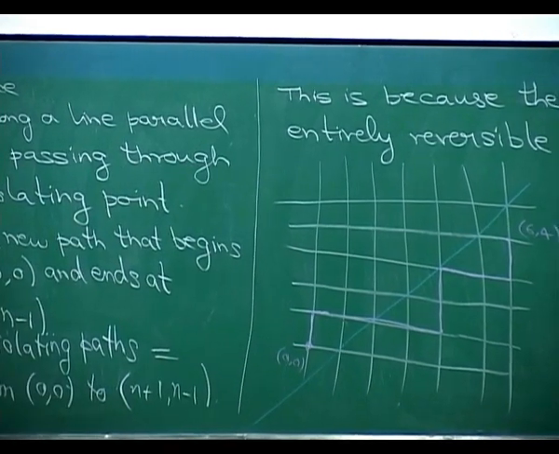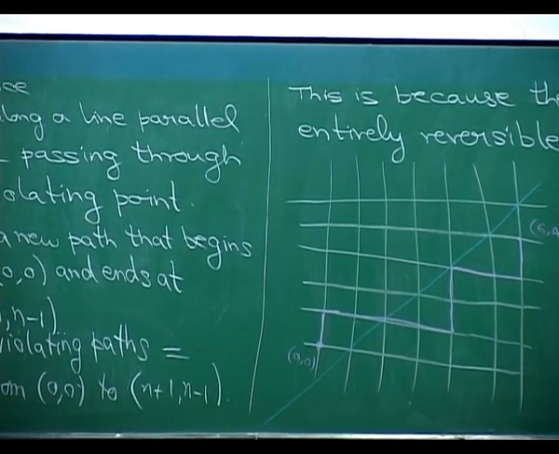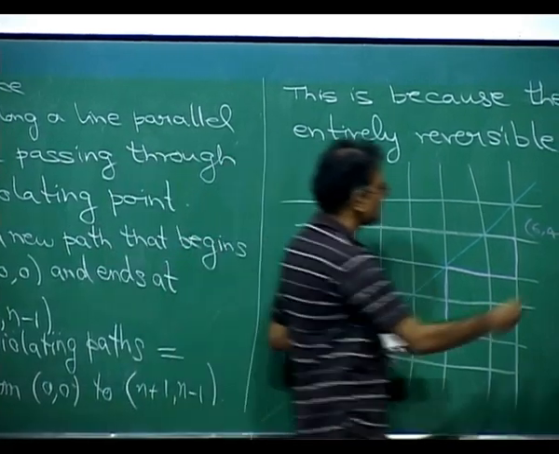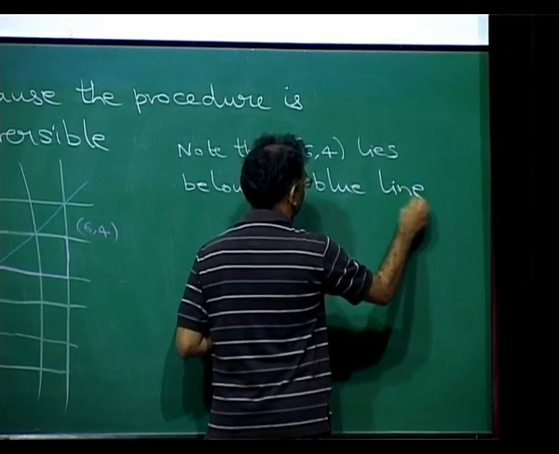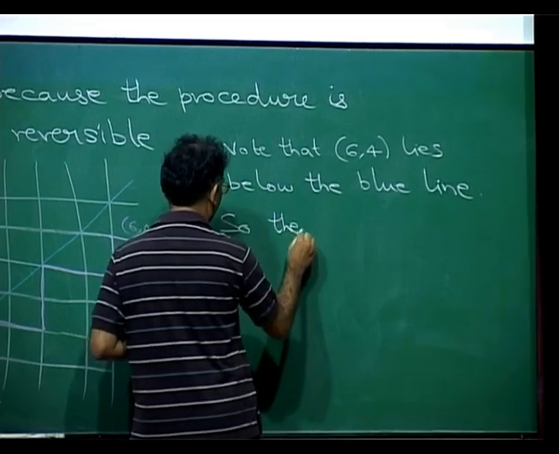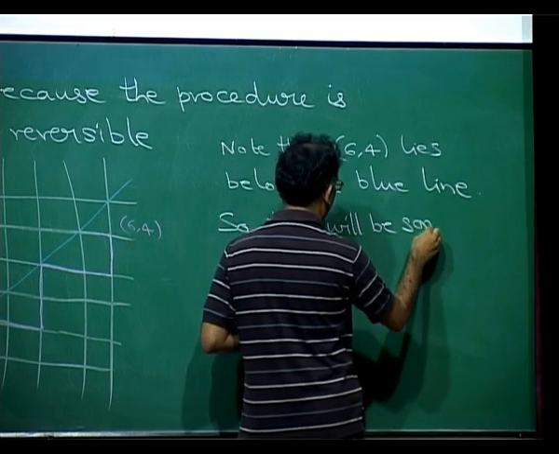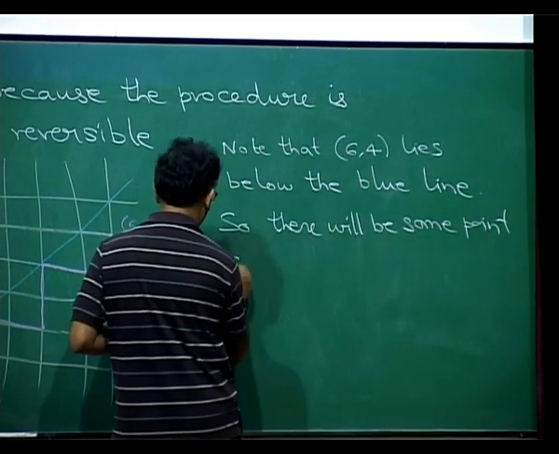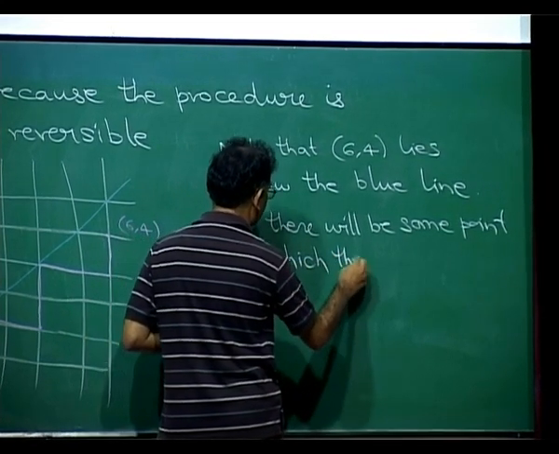That is, the point n plus 1, n minus 1 will always lie below that line. So once we observe that, it follows that there will be some point at which the blue line is crossed.